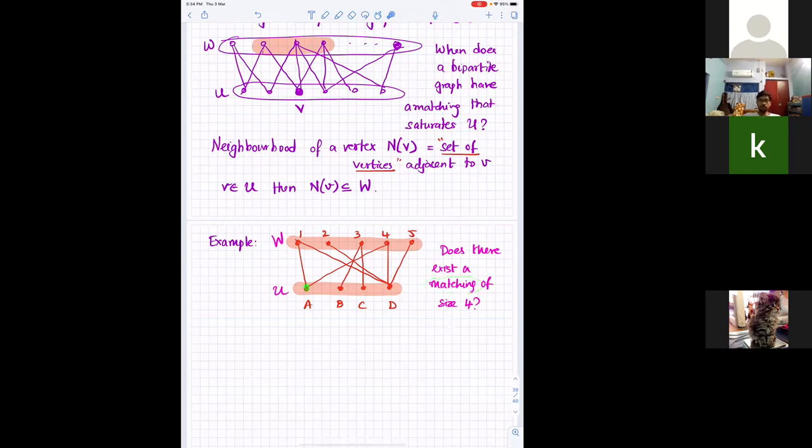So for A, let's say I will choose 1. For D, I will choose, let's say, 5 or maybe even 4. Now when it comes to B and C, B has neighbor 3 and C also has neighbor 3, and I have no other options, right? If I match 3 with B, I cannot match anything with C. Or if I match 3 with C, I cannot match anything with B.